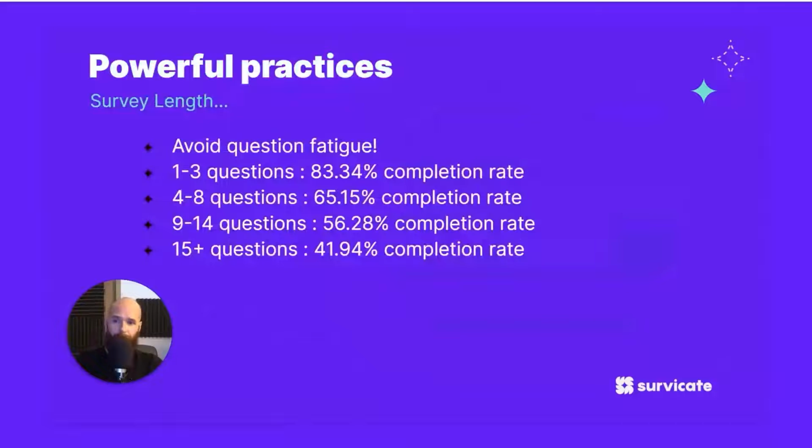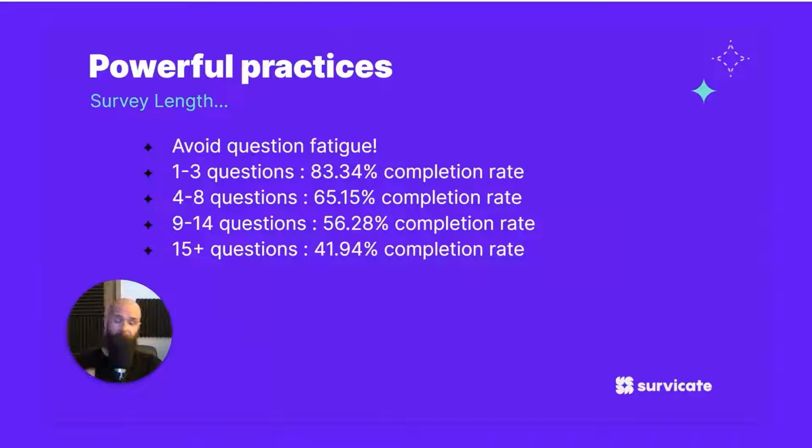Now, not too long ago, we actually analyzed over 265,000 responses from surveys that were conducted by our customers using Survicate. And here's what we found. First off, surveys that included 1 to 3 questions had an average completion rate of 83.34%.